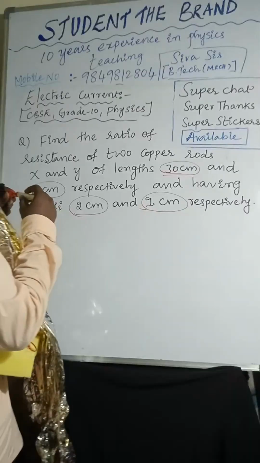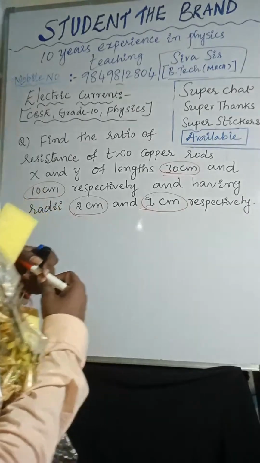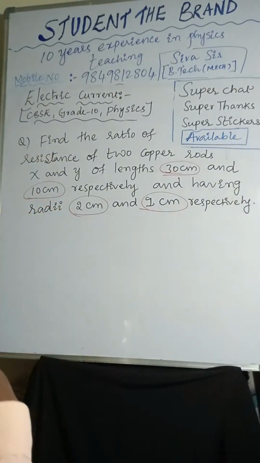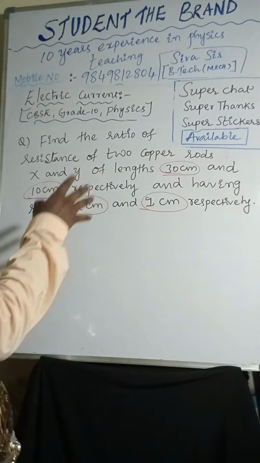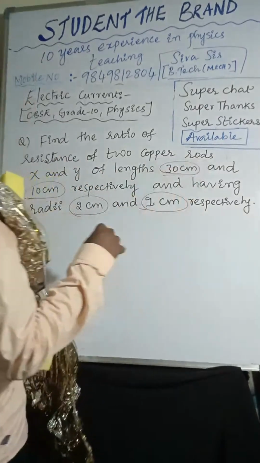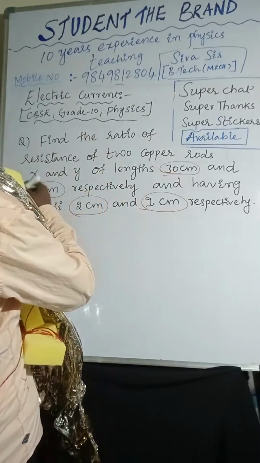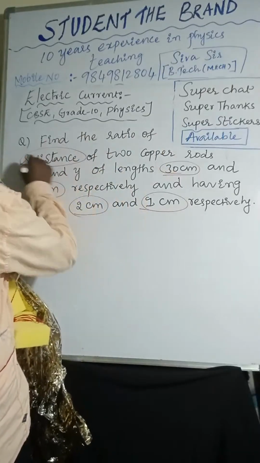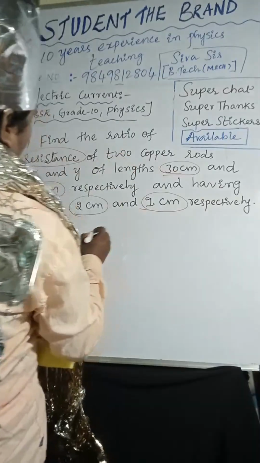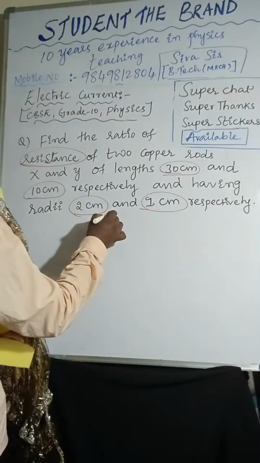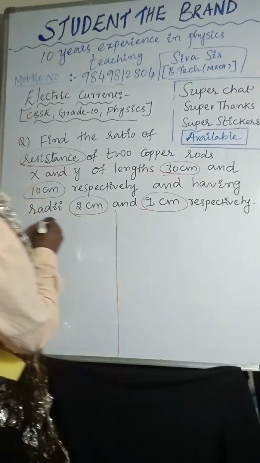So here you can see, here you can observe. The given resistance, so find the ratio of resistance. We have to find out the resistance of, okay, so first write the given data.